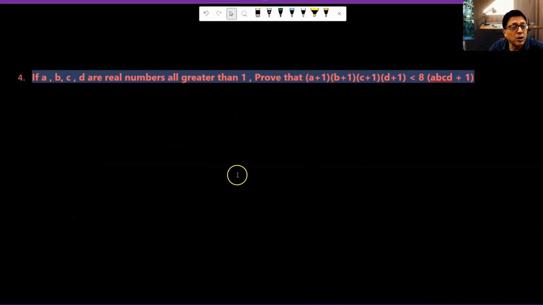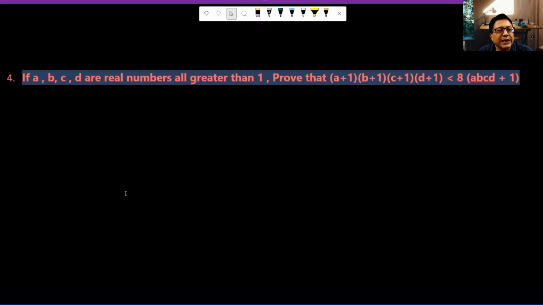Let us enjoy this kind of big inequations also. Read the sum. A, B, C, D are real numbers, all greater than 1. Prove that A plus 1, B plus 1, C plus 1, D plus 1 is less than 8 into ABCD plus 1. What is given over there?